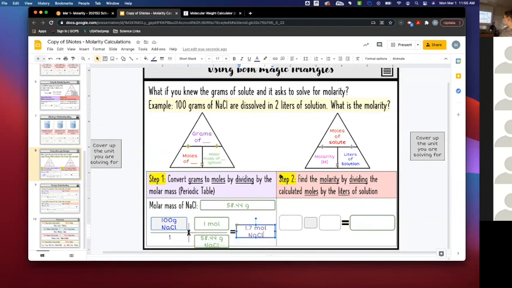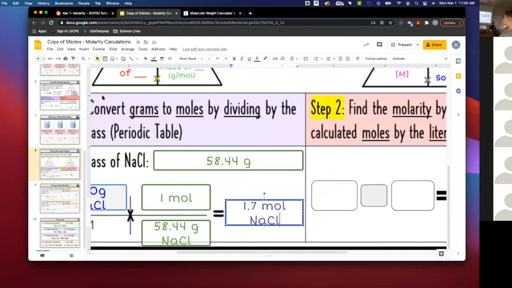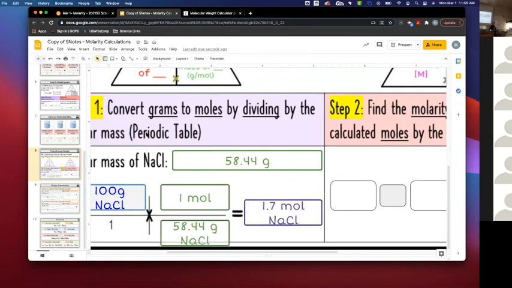So that's the first step. We went from grams to moles, and now we can find the molarity.